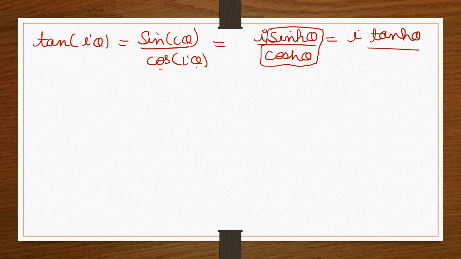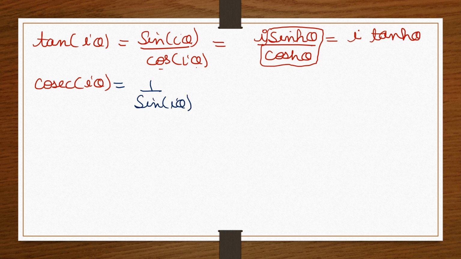Now the next one, what is cosecant iota theta? Cosecant iota theta is 1 by sine iota theta. Now what is sine iota theta? This is iota sine hyperbolic theta.